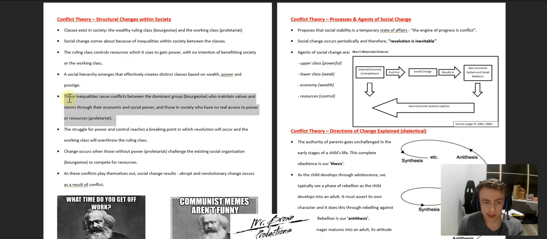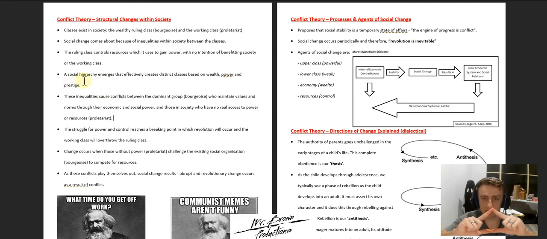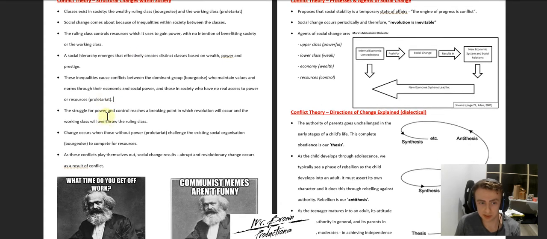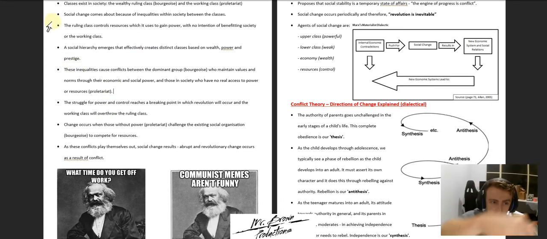So this is where, I guess, in brackets here, or a little side note, if you want to summarize this, conflict starts to happen. Okay, conflict starts to happen because of this unfair social hierarchy, and then it gets worse from here. So you can see how it's slowly progressing down. That's why I got you to draw that arrow.